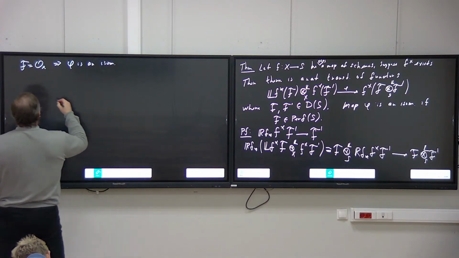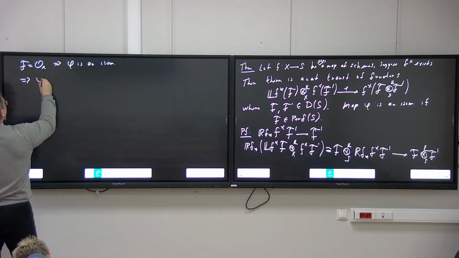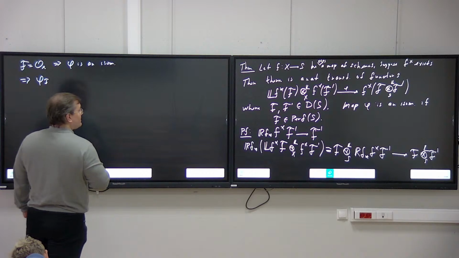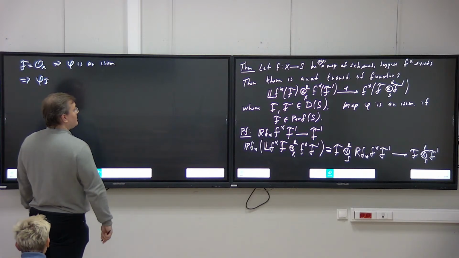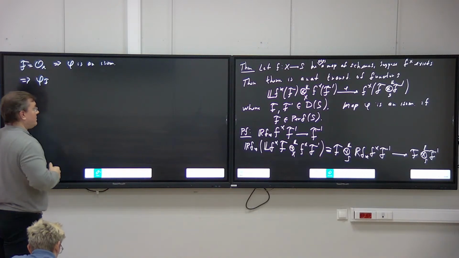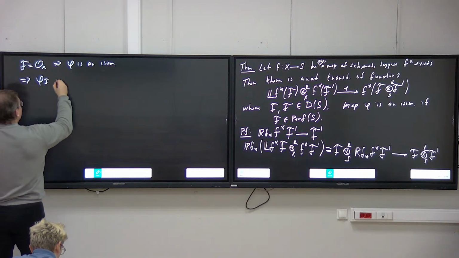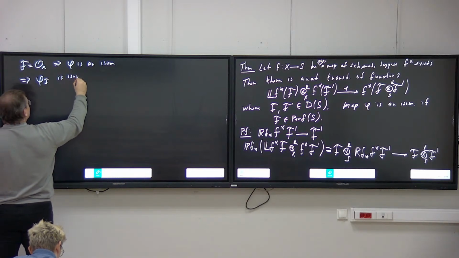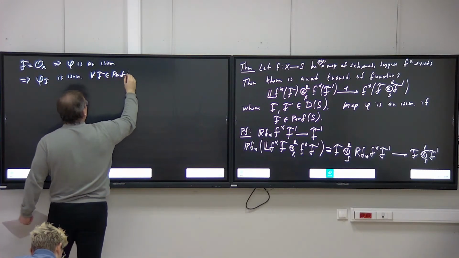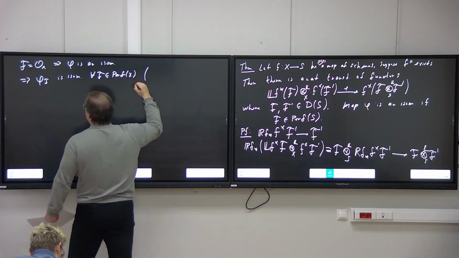So that's phi f. In this case, suppose that f prime is fixed, and you can have a canonical component of the natural transformation for the f. So it is an isomorphism for any f which is perfect, and we keep f prime.